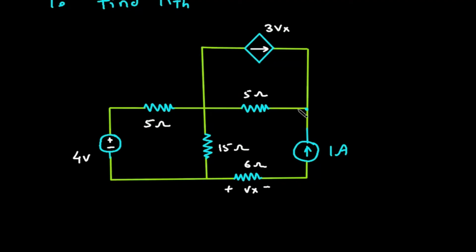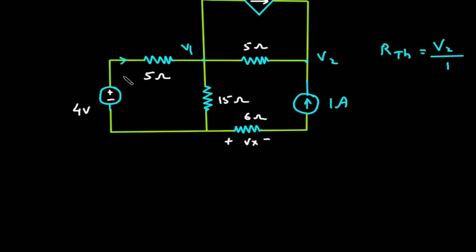Now let's say this is node V1 and this is node V2. So RTH will be equal to V2 divided by 1. This 1 ampere into RTH is equal to V2. So therefore RTH is equal to V2 by 1. Now to find RTH, we have to find the value of V2.